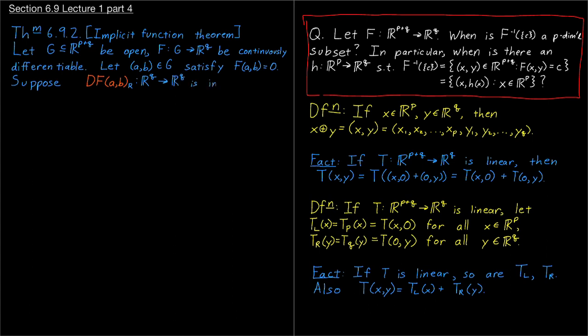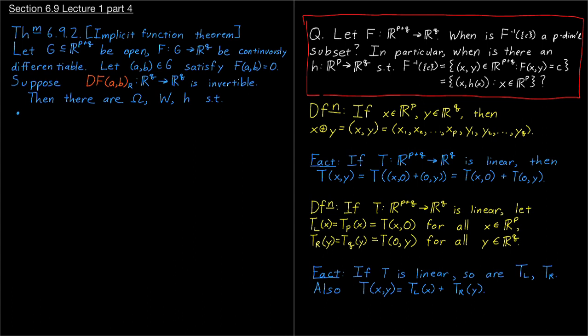Let's suppose that is invertible. The conclusion is that then there are omega and W and h such that this is going to be a very long list of properties because I'm trying to break it down pretty far.